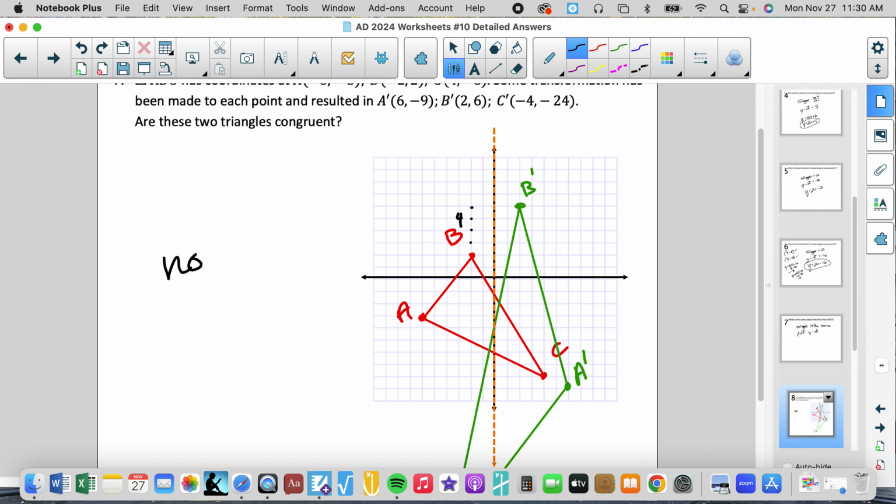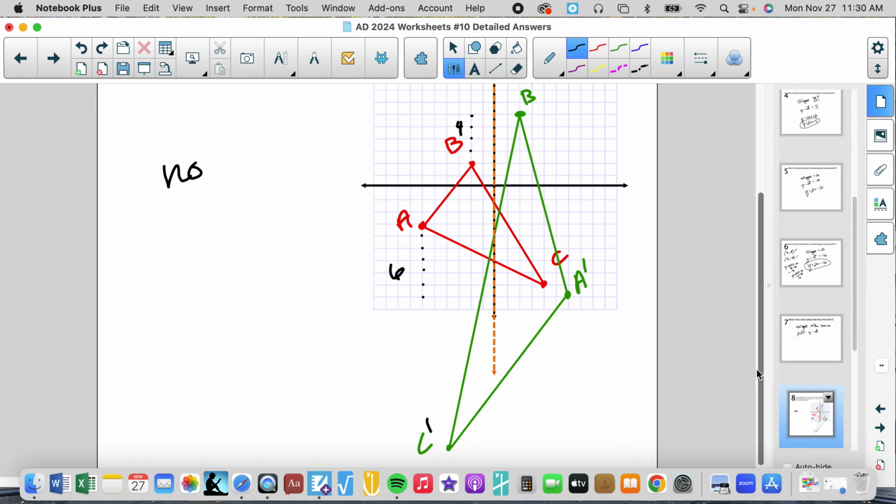And A went 6, and then C went some crazy distance to negative 24, from negative 8. 8 to 24 is going to be, what's that, 18? Sorry, 16, and that's not proportional either.